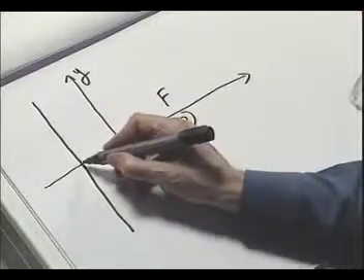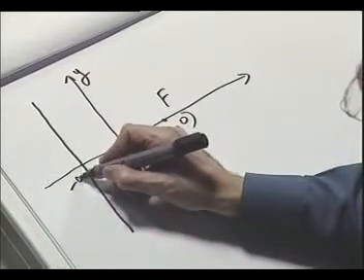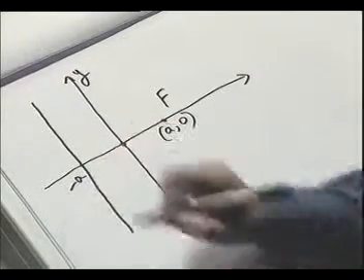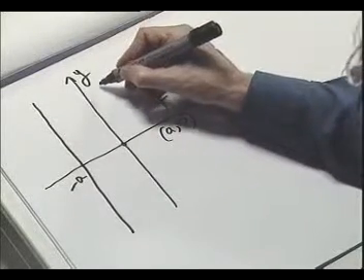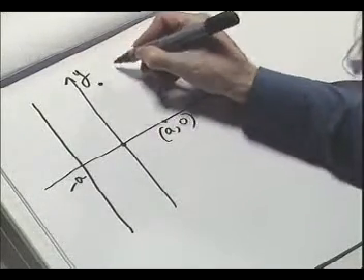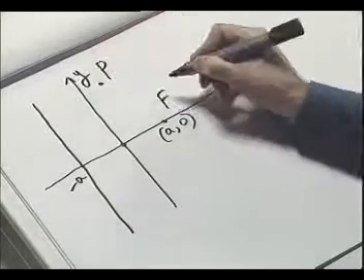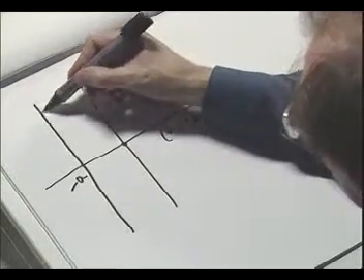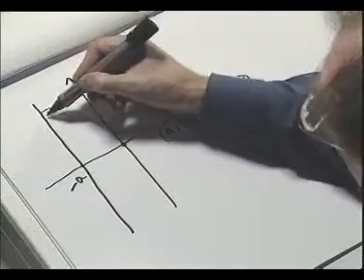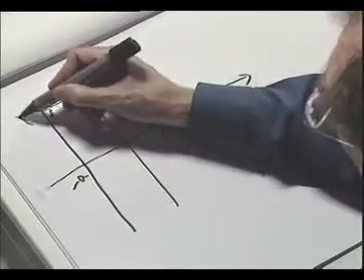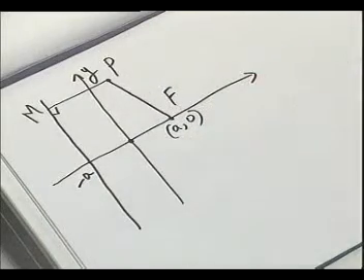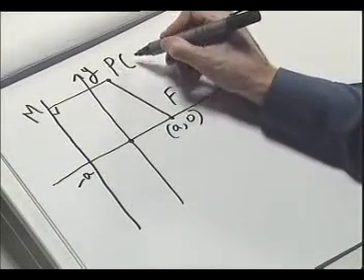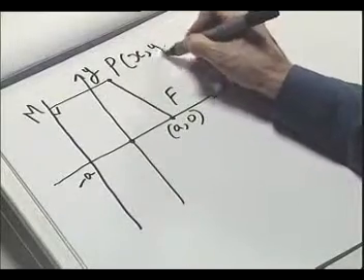So that means that the directrix here is going to be at x equals minus a. So let's put our point P there. There is PM, that's our point M, and there is PF. We'll call this the point (x, y).